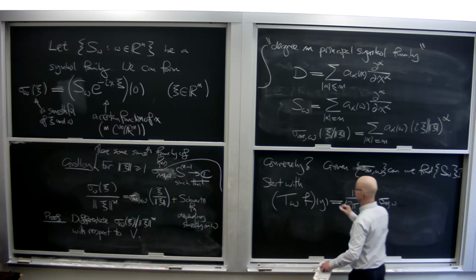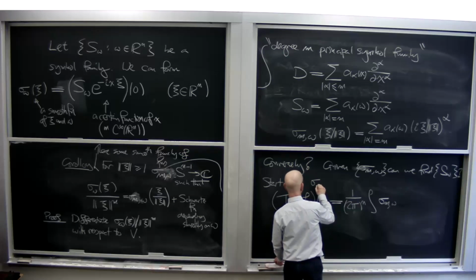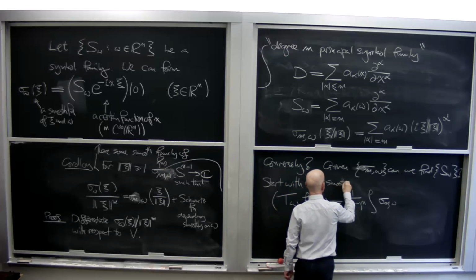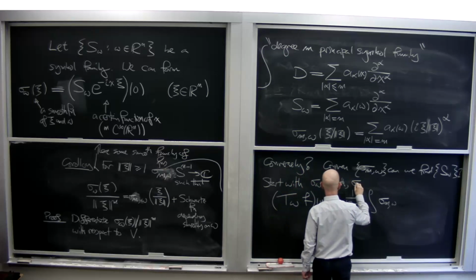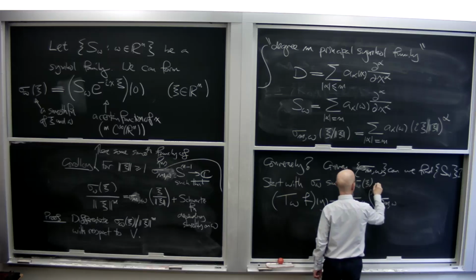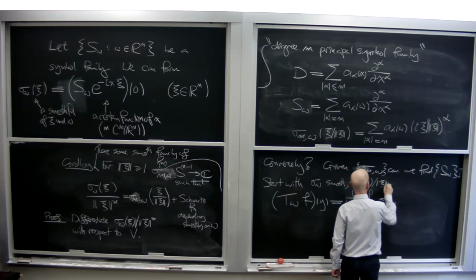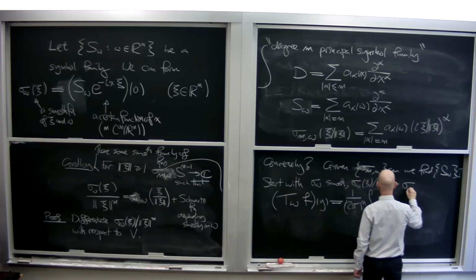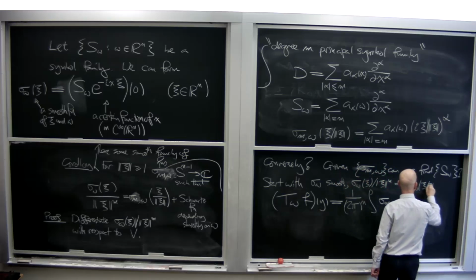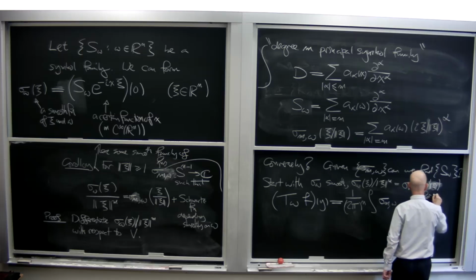So let's define a function now, σ(ω), smooth, and let's suppose that it's defined in such a way that σ(ω) of ψ over |ψ|^m is equal to σ_m(ω) of ψ over |ψ|, away from 0.